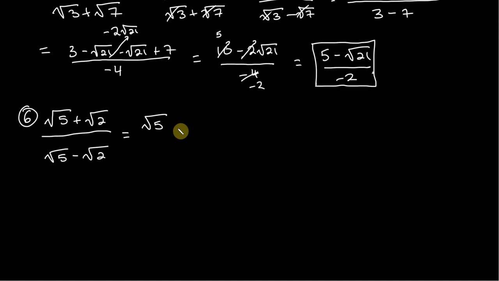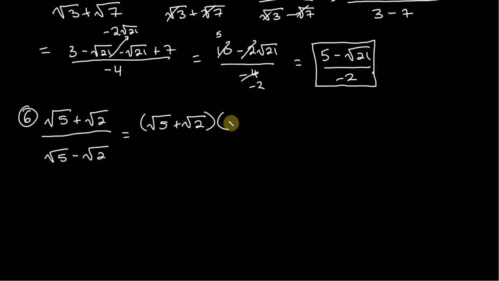We're going to have our root 5 plus our root 2 over... Actually, I'll write it a little bit different, so you can see it. So we can think about it a little bit different. And we can just kind of write this as root 5 plus root 2. Okay, and that's going to be multiplied by, well, we're going to multiply this by root 5 plus root 2, aren't we?